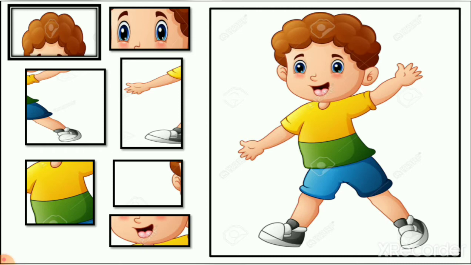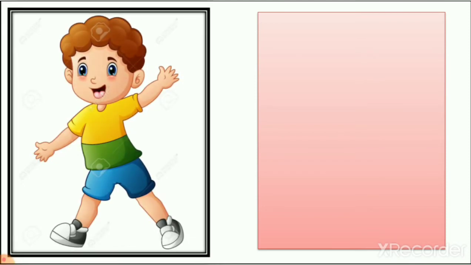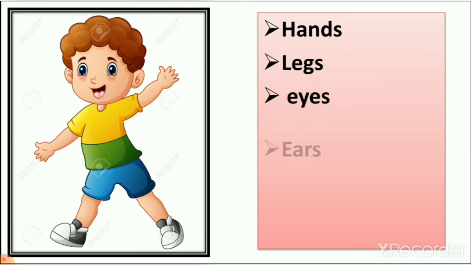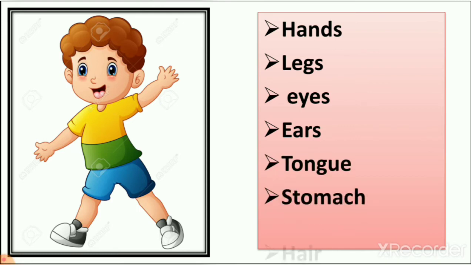So we have completed our body, we joined body parts, right? So let's write which body parts we are joining. Here you can see the picture of that boy. Hands, legs, eyes, ears, tongue, stomach and hair.